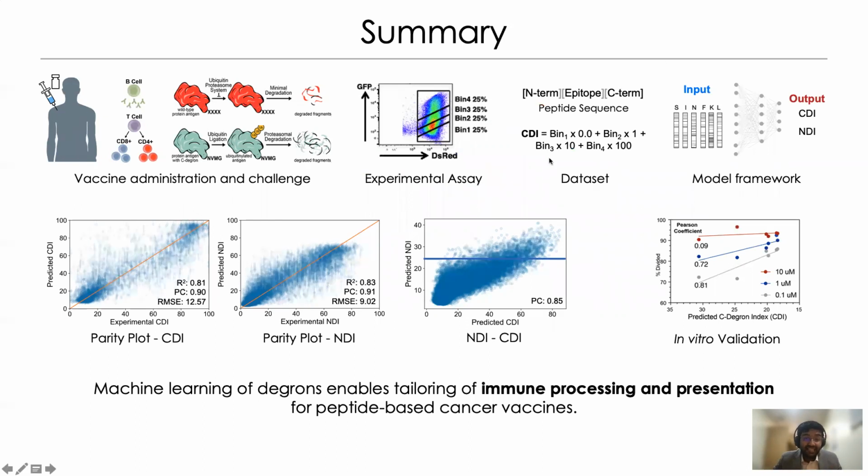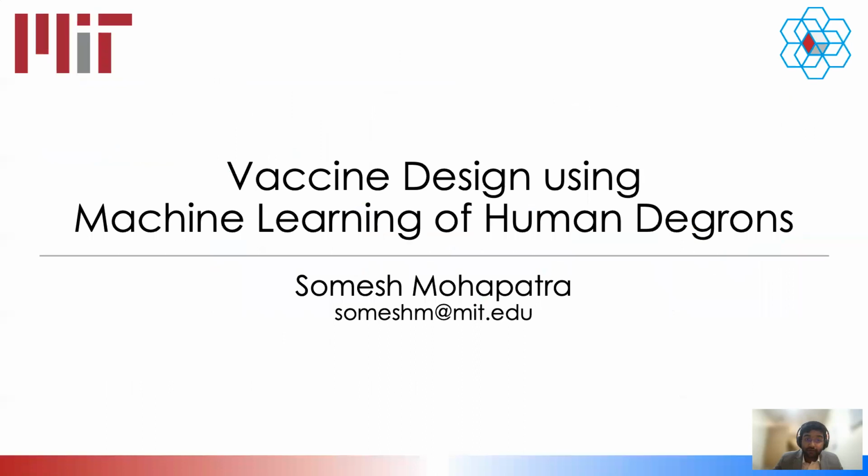We used data sets on experimental global protein stability, and then used the approach of getting CDI and NDI scores, finally training an entire model framework on the sequence matrix representation, learning over CDI, NDI with reasonable accuracy, selecting sequences with a fixed NDI and across a whole lot of CDI, then finally seeing that our hypothesis is validated in in vitro experiments. That is all from my side on vaccine design using machine learning of human degrons.